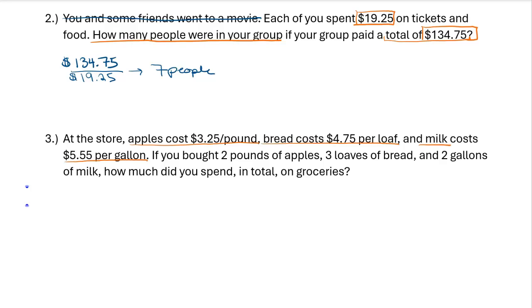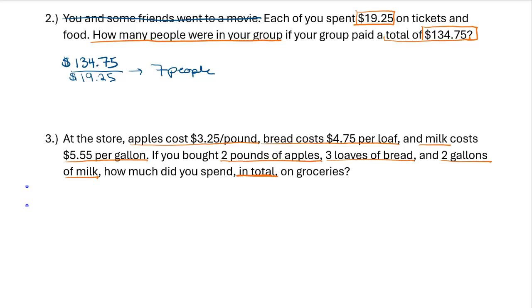That's the cost per one item type. Here it says that we buy 2 pounds of apples, 3 loaves of bread, and 2 gallons of milk. The question is what the total of the groceries is.